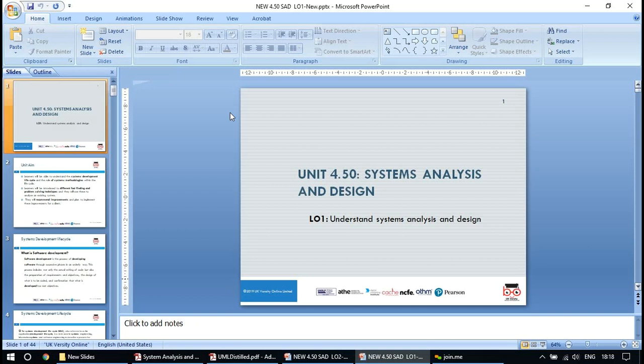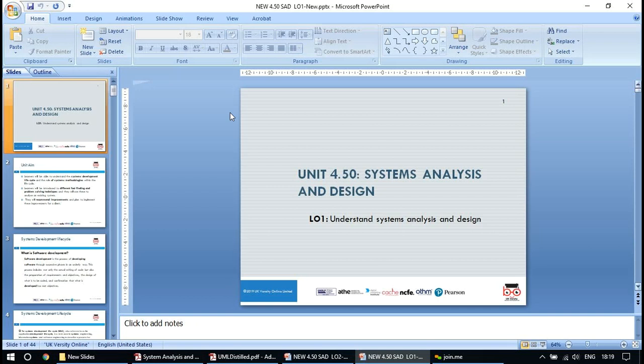But behind the software and hardware, they have been designed according to certain rules and regulations. Here we are concerned about system analysis and design, so that you should be able to analyze and design the system so that it can be implemented.